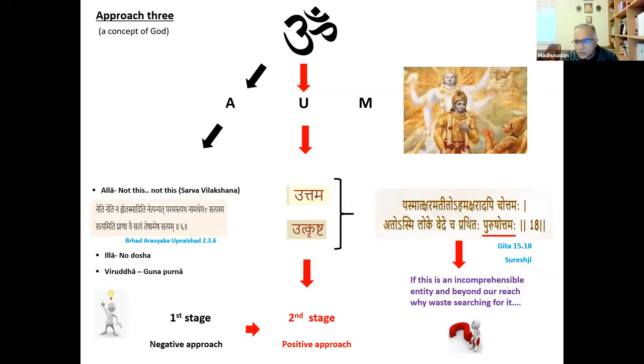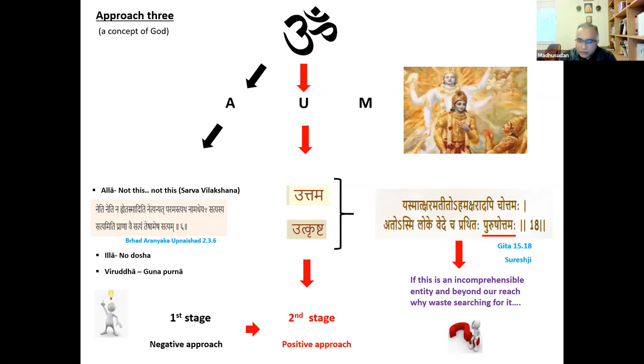Shastras are telling us. So you have the Upanishad Prasthana on your left, and you have your Gita Prasthana on the right. When you take both together, it completely fits in here. Why is Ukara there? Because he is Uttama. So that is a positive approach. You have now understood that the Supreme Being is Uttama.